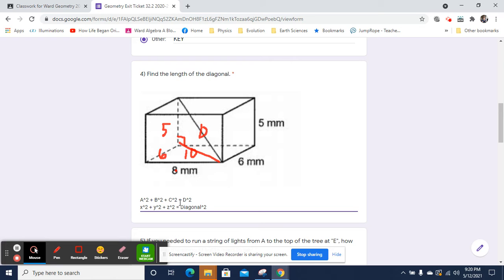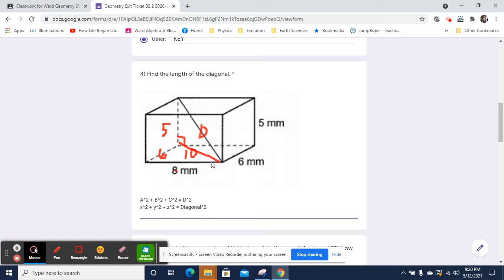So we can do that. Now we've got 8 squared plus 6 squared plus 5 squared.